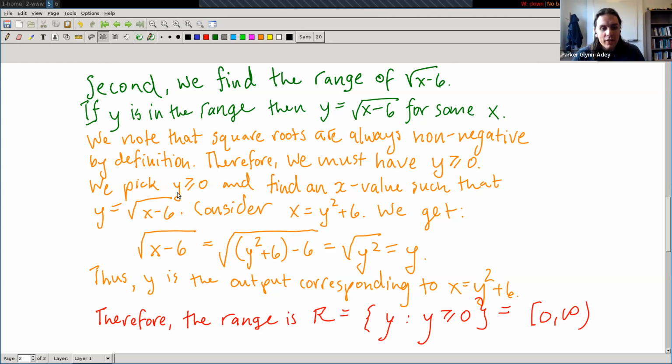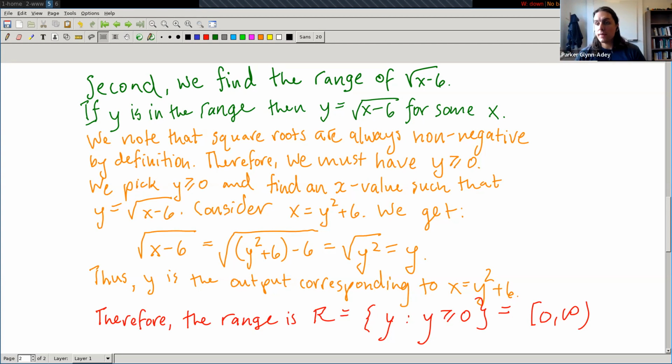So we pick a value bigger than or equal to 0, and we find an x value that is sent to it. So let's consider x to be y squared plus 6. If we plug in that value of x, we get the square root of x minus 6 is the square root of y squared plus 6 minus 6, the square root of y squared, and that will be equal to y.